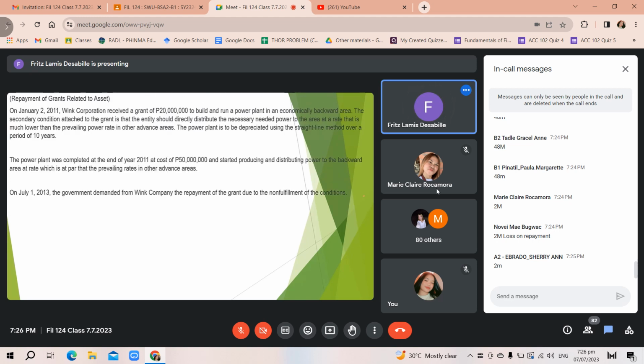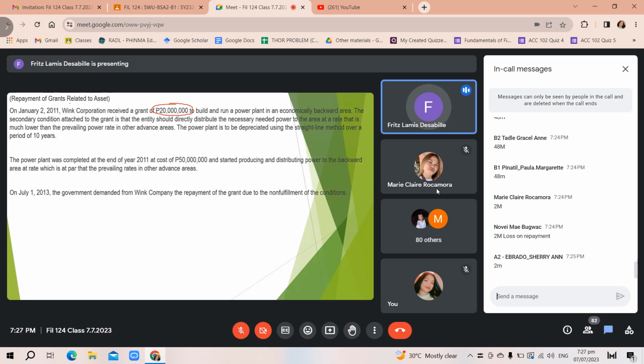So, begin. On January 1, 2011, dali lang ha? Taas ba ni siya? Duha question. Okay, fine. Wink Corporation, sa kaning case nakadawat ta og grant to build and run a power plant in an economically backward area.